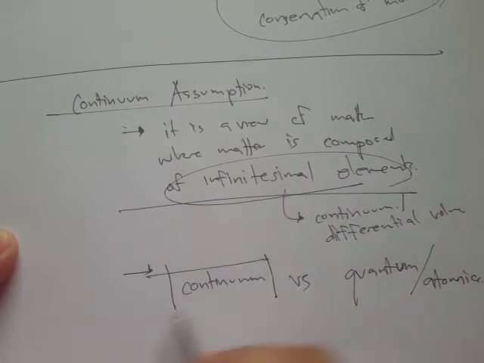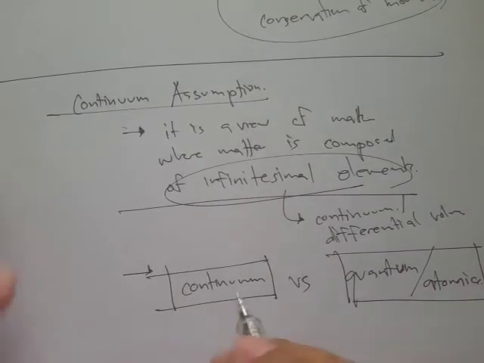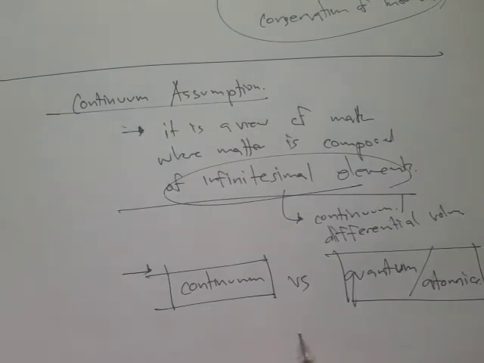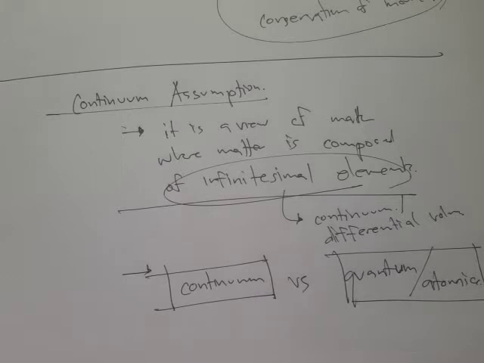Okay, so this one is a view of matter, the continuum view of matter, that no matter how much you divide matter, it's still the same thing. I mean, it has the same composition.